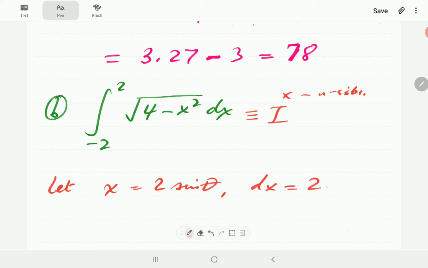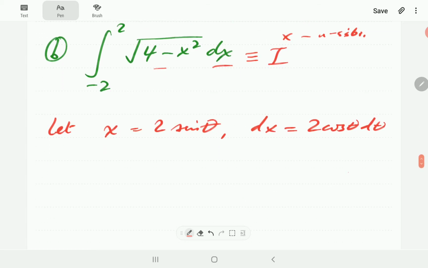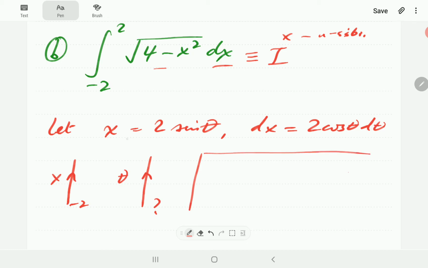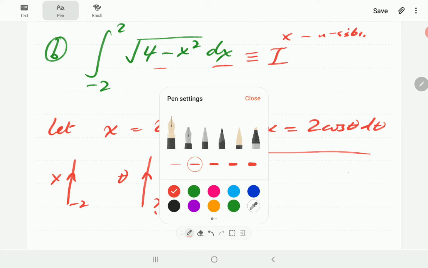So dx is going to be 2 times cosine theta d theta. So these two are now sorted. The next thing we need to sort out are the limits. So when x is equal to -2, I'm going to plug in -2 there.